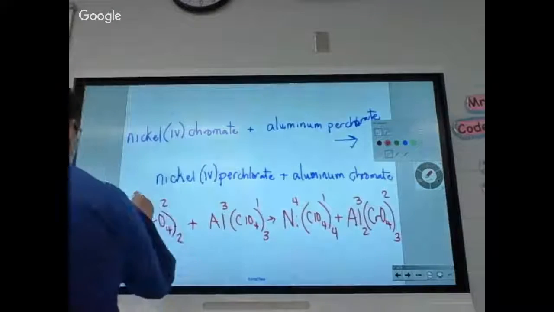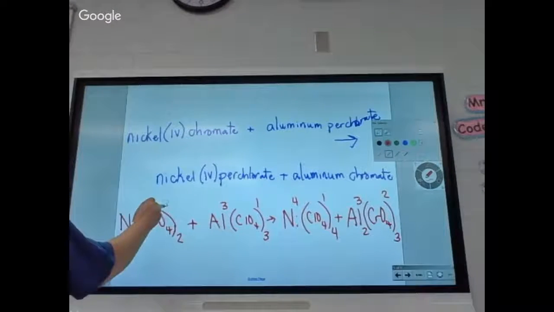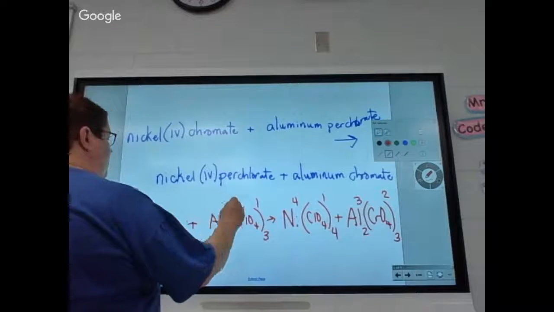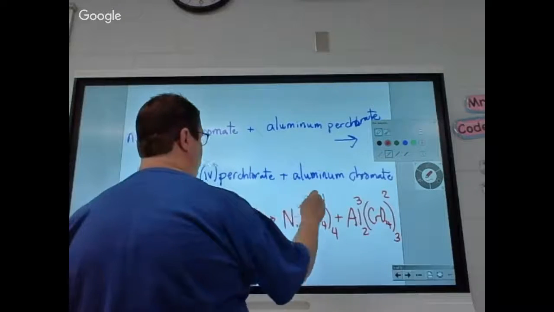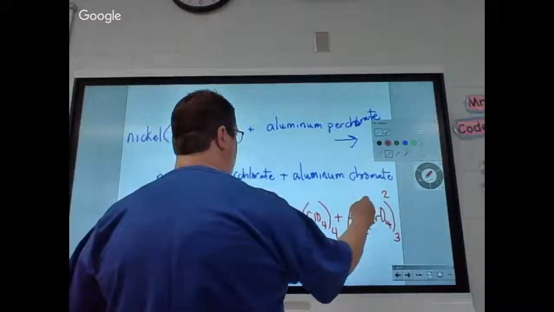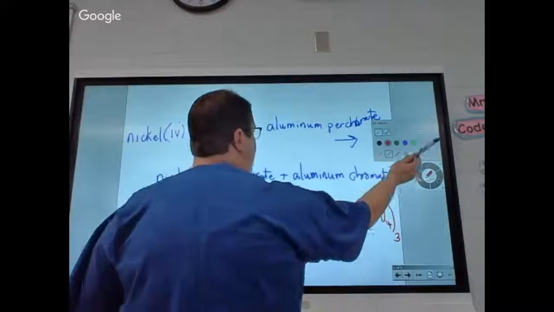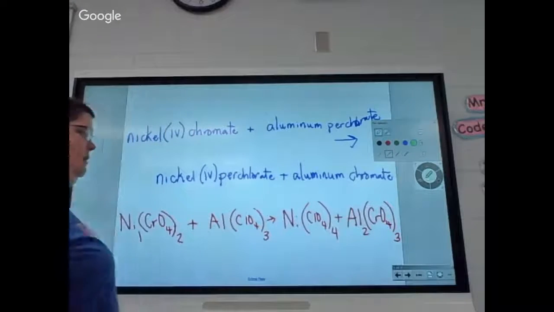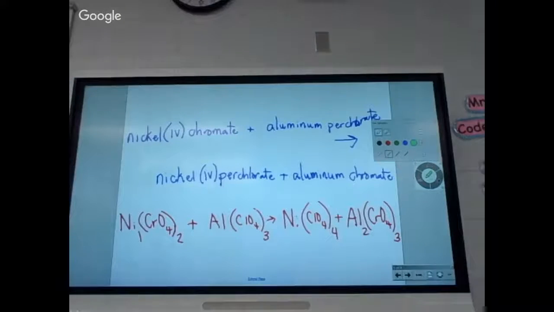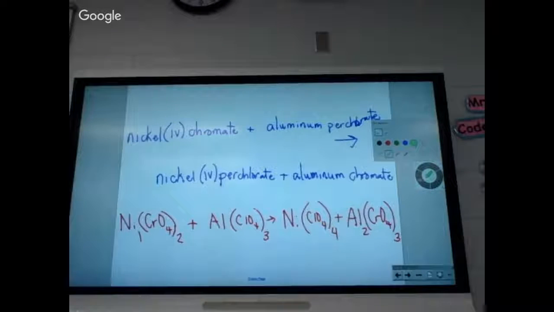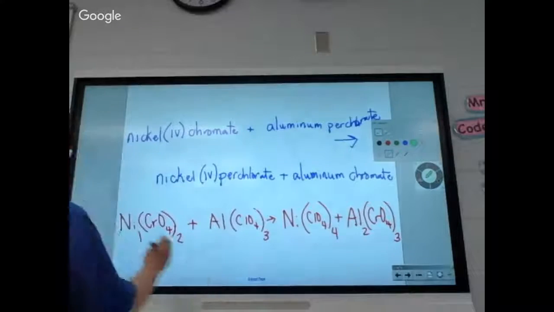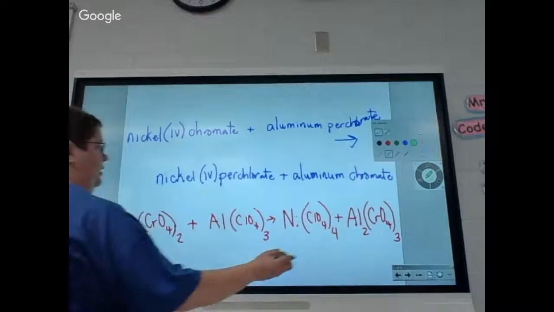All right, so I'm going to take these numbers out so that we can balance. All right, so when we look at this, what do we want to balance first? Okay, how many here? How many there? So we're going to put a 3 there and a 2 there.